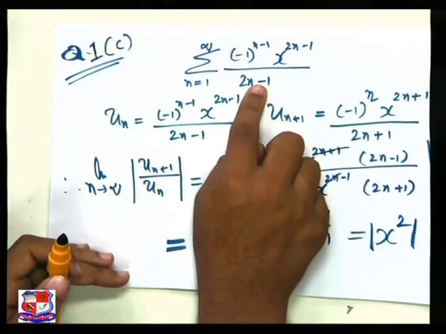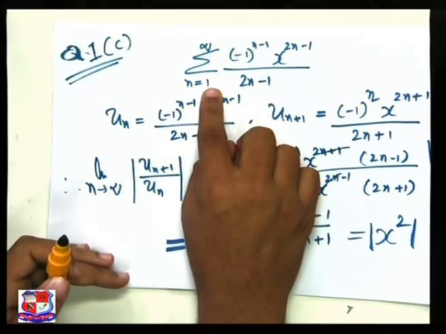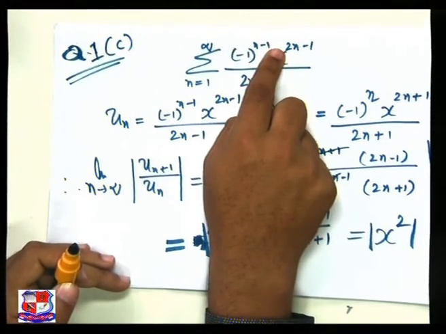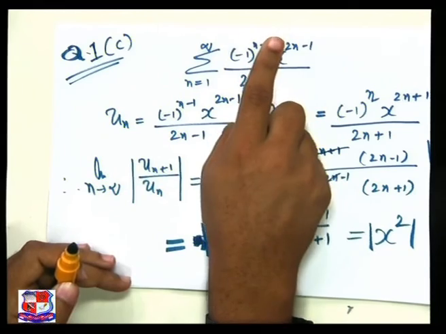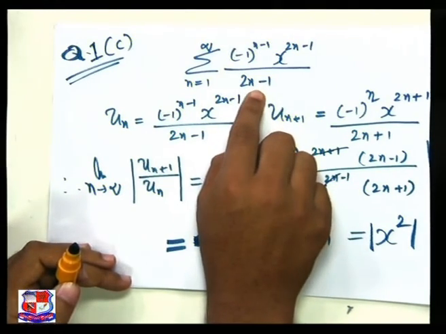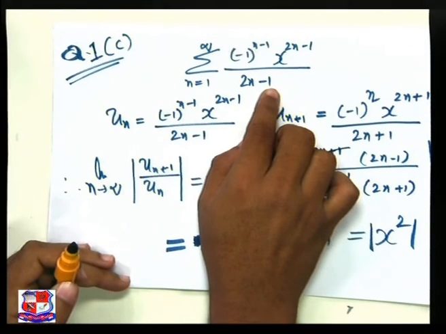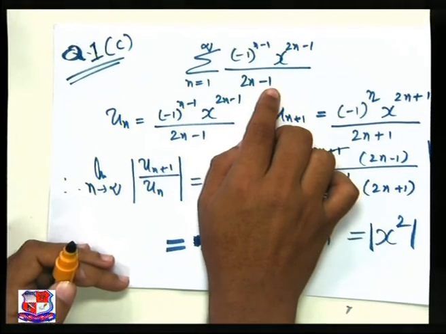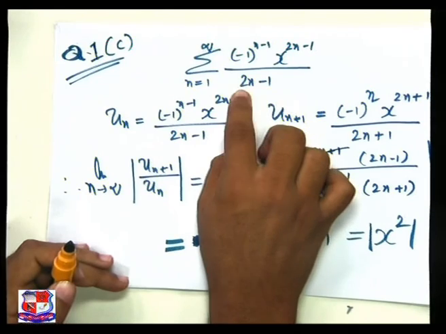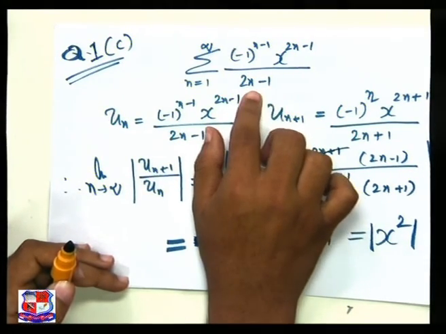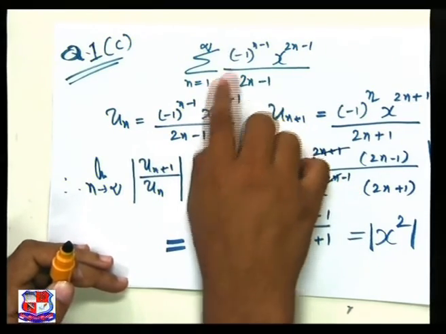Now what is the second term? Put n is equal to 2. So (-1)^1, 2 minus 1, that is 1. Minus 1 upon 4, 2 into 2, 4 minus 1, 3. So minus 1 upon 3. So the first term is 1, the second term is minus 1 upon 3. Let's check the third term. Put n is equal to 3.